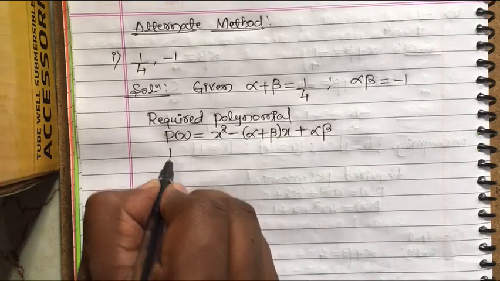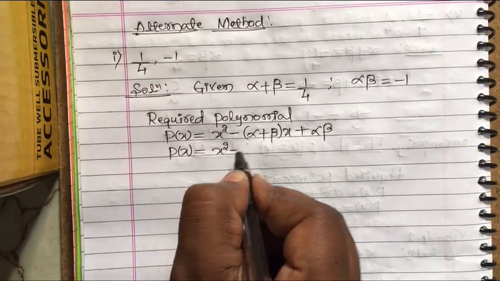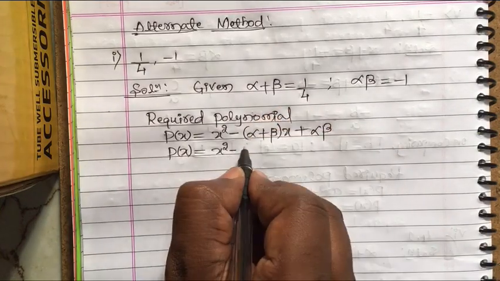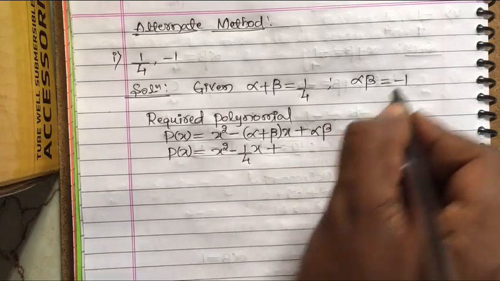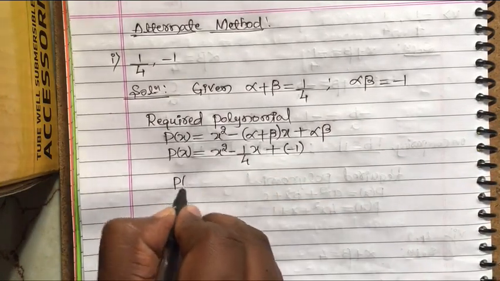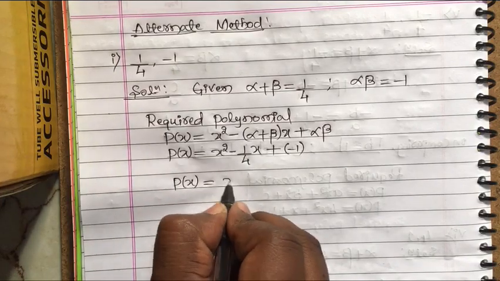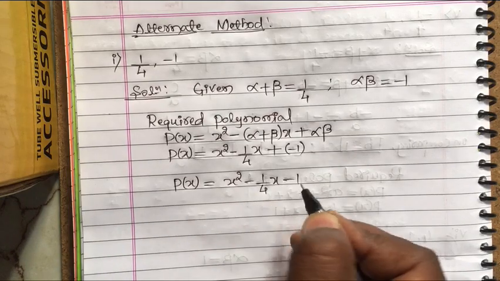So now p of x is equal to x square minus (alpha plus beta). What is alpha plus beta? It is 1 by 4, into x plus alpha beta, that is minus 1. So in the next step, p of x is equal to x square minus 1 by 4 x minus 1.